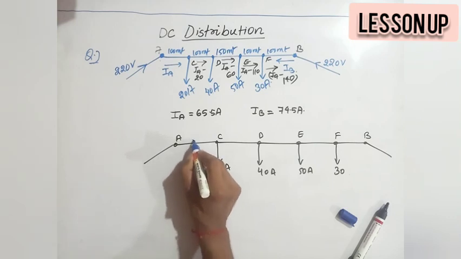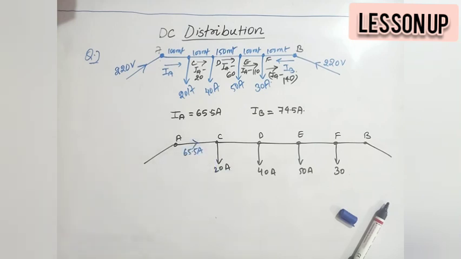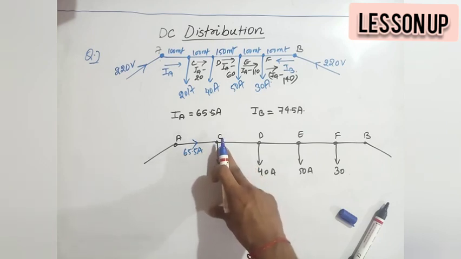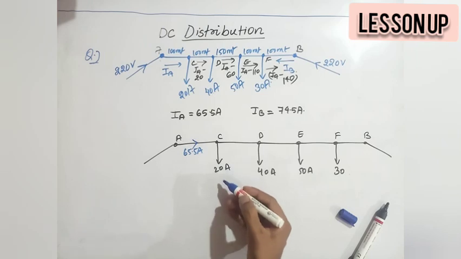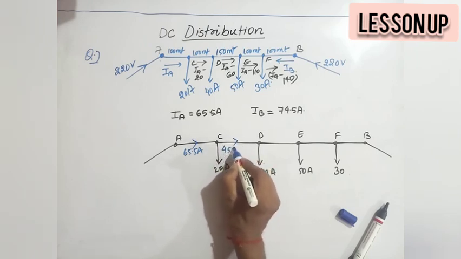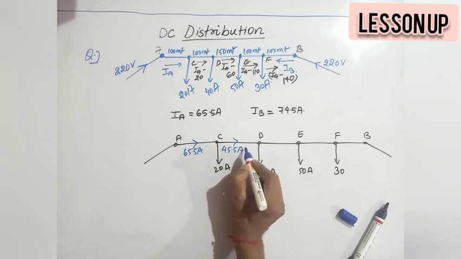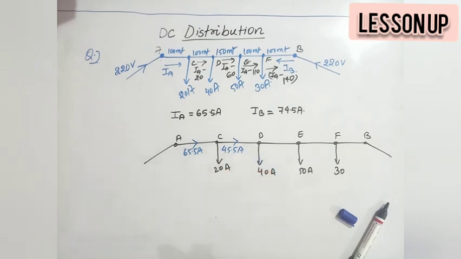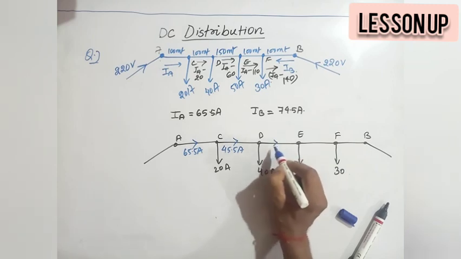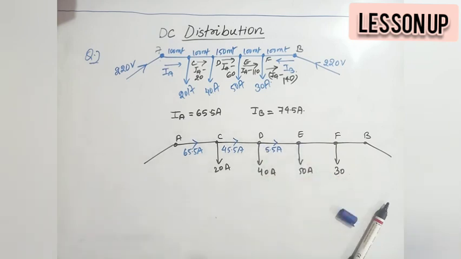From this direction we are getting 65.5 ampere of current. So 65.5 ampere comes at this point, and 20 ampere has been taken out, so 45.5 ampere flows between C and D. Again 40 ampere is taken out, so current of 5.5 ampere flows between D and E.